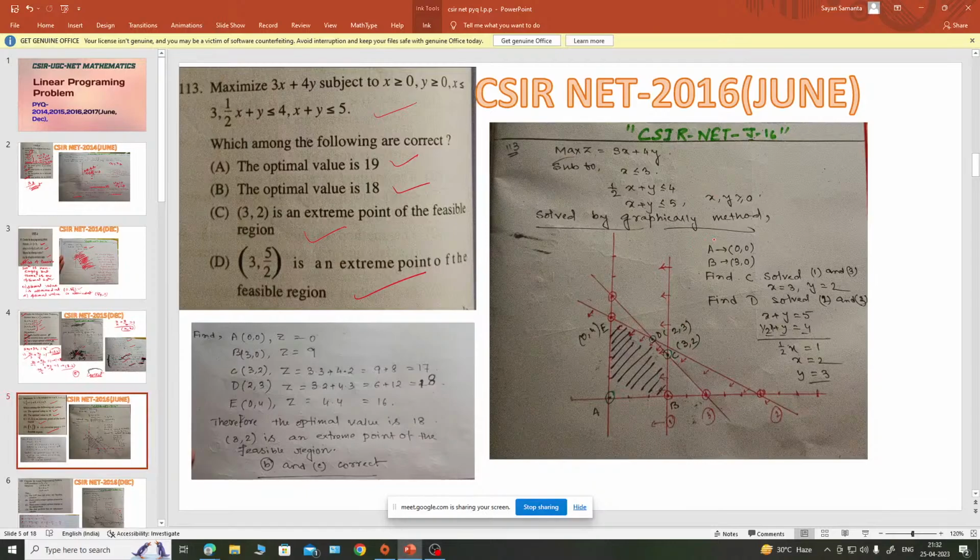All are less than or equal to signs, so all the points lie towards the origin. So this is our bounded region.